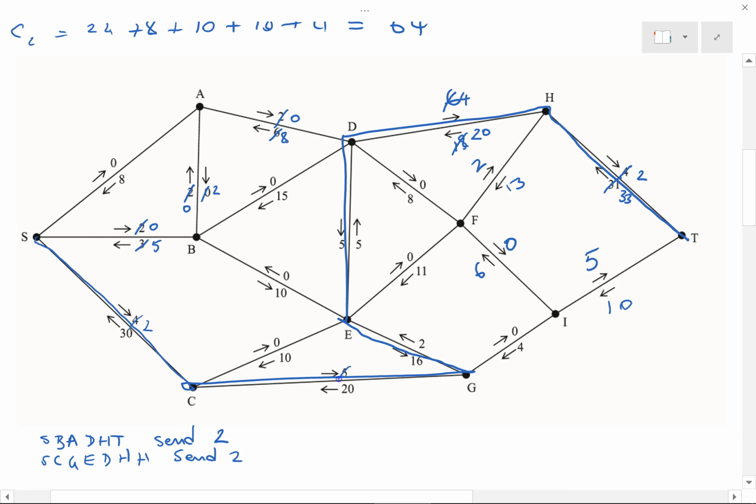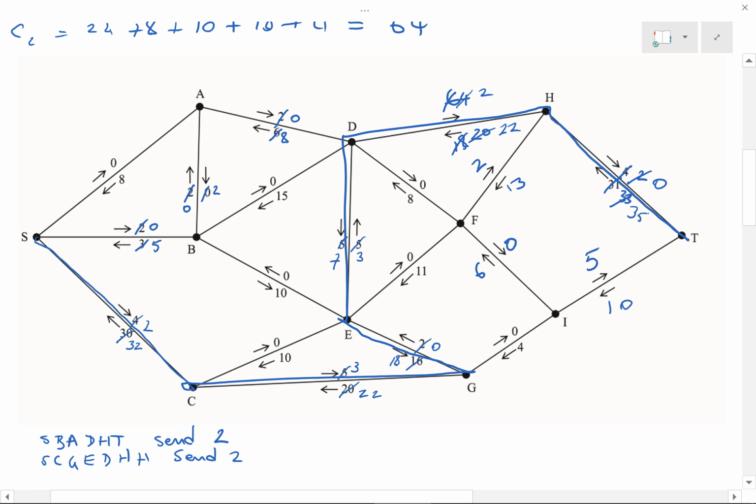So that's 2, 3, 0, 3, 2, and 0. And we increase the backward arrow by 2. So that's 32, 22, 18, 7, 22, and 35.